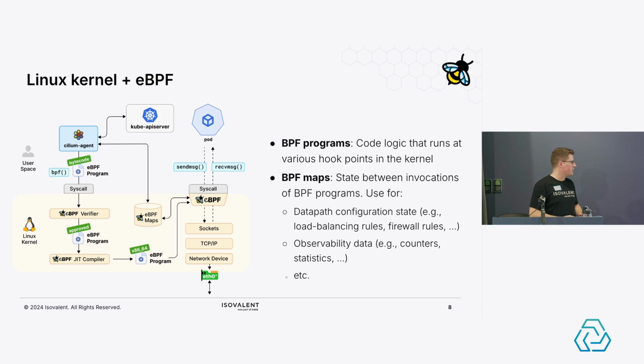And therefore, we have the so-called eBPF verifier that verifies, for example, that the eBPF program about to be loaded into the kernel does not have endless loops. And once the BPF program is loaded, it can basically be attached to any configurable hook points, here in this example, for network communication.